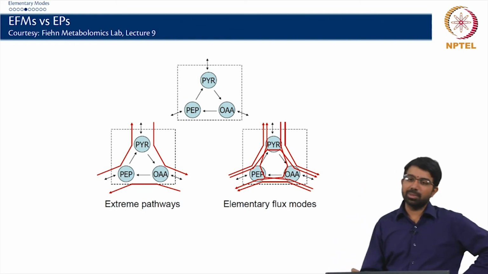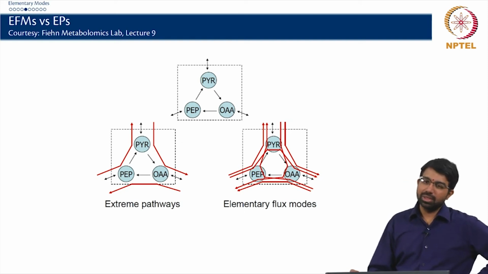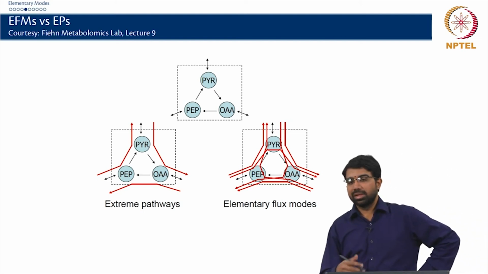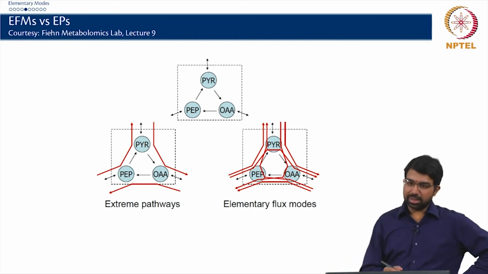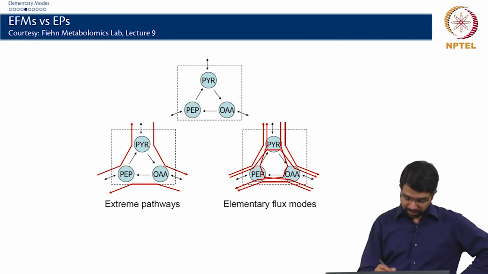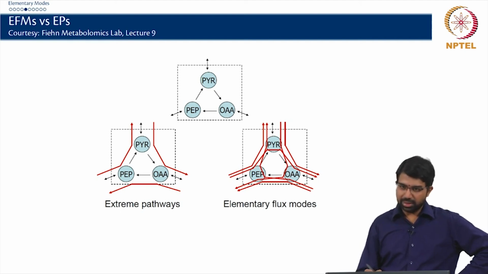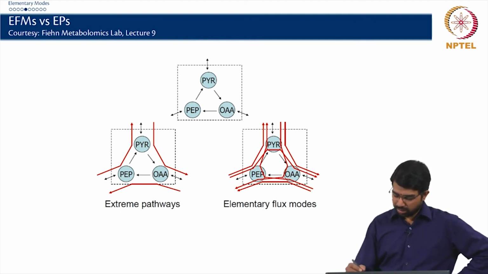So EFMs can be broken down in terms of linear combinations of extreme pathways, but an extreme pathway itself can never be broken down further into linear combinations. So this plus this will actually give you this, right? Linear combinations of extreme pathways will give you EFMs. Extreme pathways are simpler, EFMs can be a little more complex.